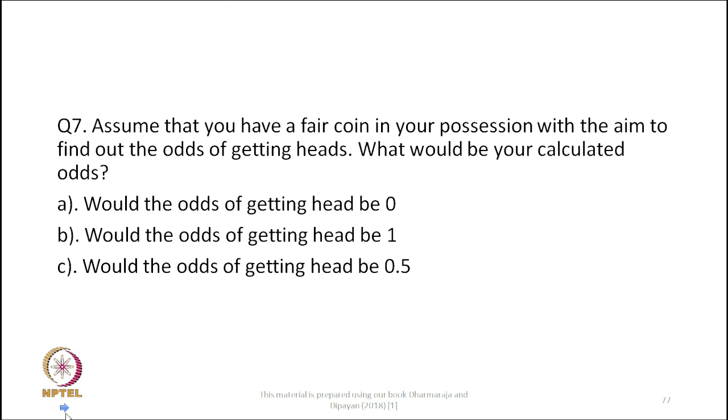Question number 7. Assume that you have a fair coin in your possession, and you aim to find out the odds of getting heads. What would be your calculated odds? Option A, would the odds of getting heads be 0? Option B, would the odds of getting heads be 1?